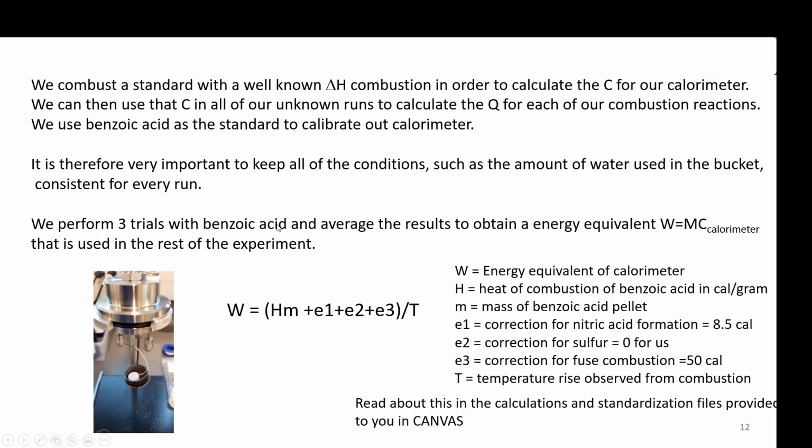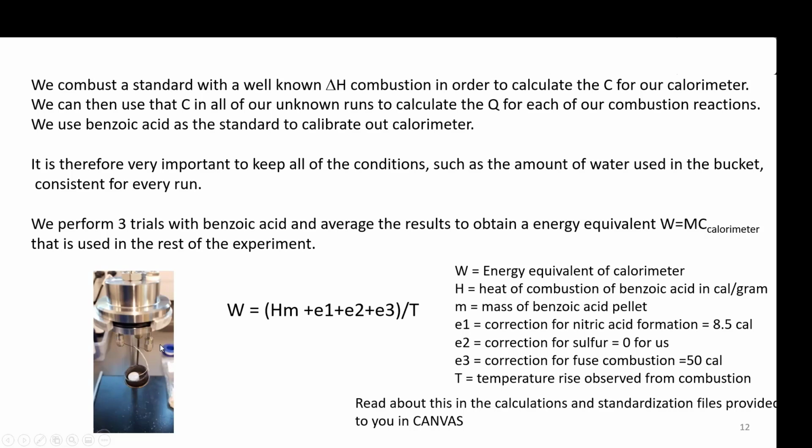And we use something that's easy to get and easy to measure with known heat of combustion to calibrate our calorimeter. So we use benzoic acid to calibrate the calorimeter. We measure a certain amount of benzoic acid.